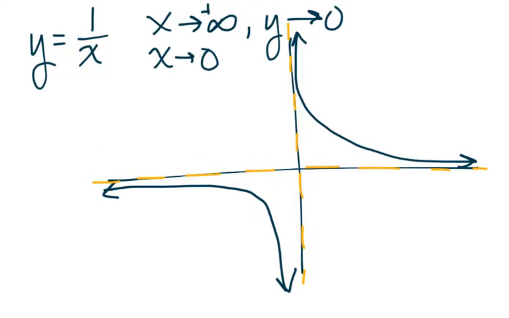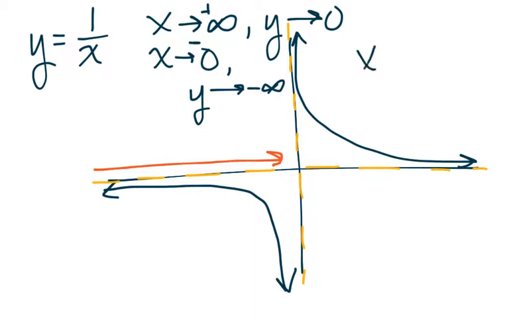And then as my x approaches 0, what happens depends on which direction I'm coming from. If I come in from the left, my y's are going down, down, down, and they're getting really, really negative. So as I come in to 0 from the negative direction, my y approaches negative infinity.